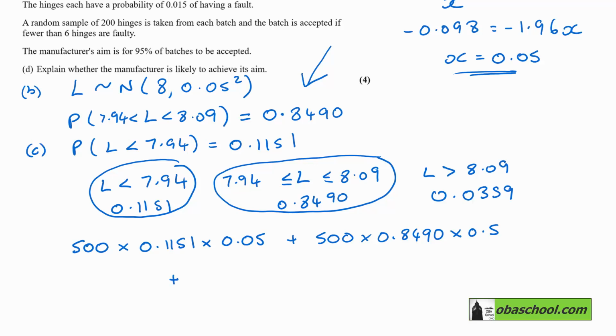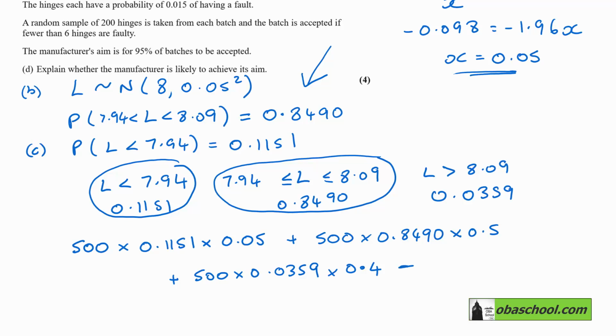Then we have the final band, which is going to be 500 times 0.0359. That's the number of rods. And for these, we make a 40p sale. That's just the difference between shortening them, which is 10, and then selling them for 50.